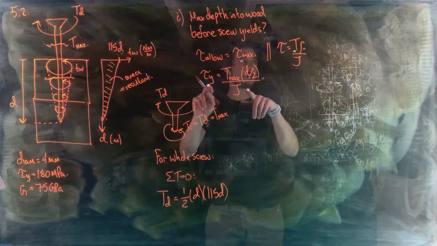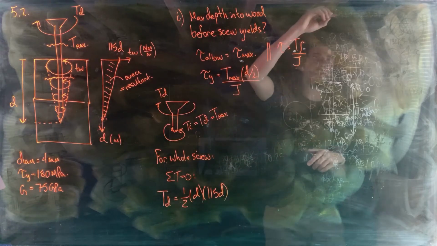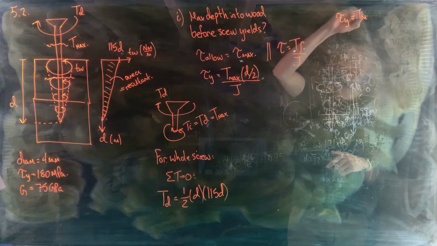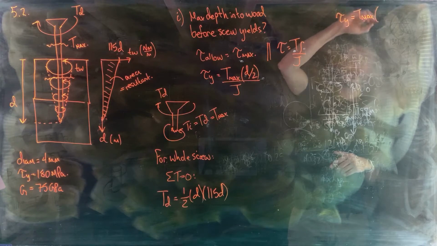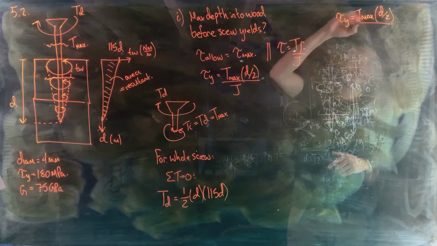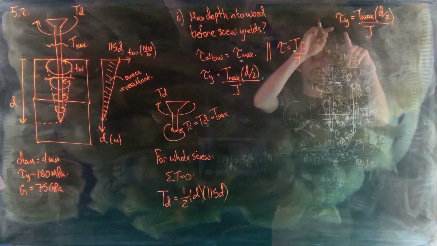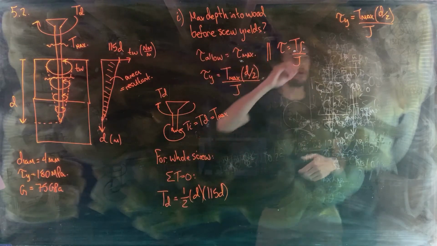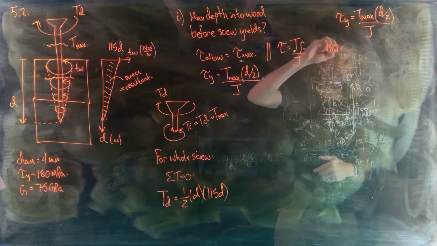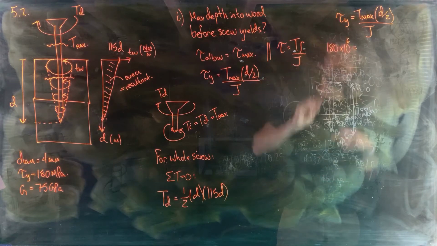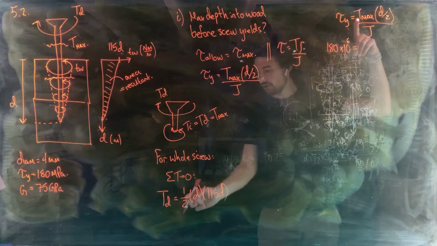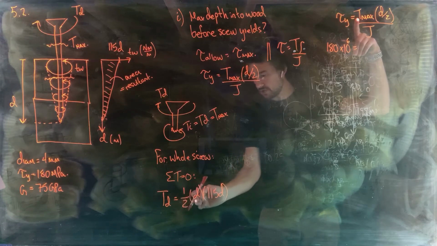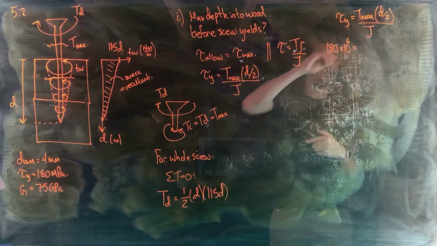So we can go back to this equation and put everything in. So I'll just write it again. TY is the maximum internal torque, diameter divided by 2 divided by J. So putting in some values now, we've got our shear yield strength is 180 megapascals. The maximum internal torque is going to be 115 divided by 2 multiplied by d squared.